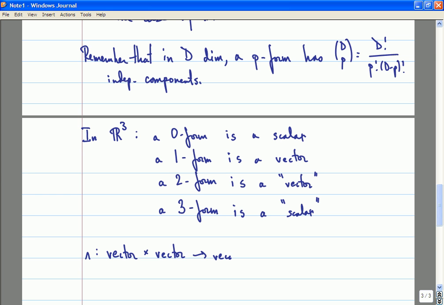So, for example, if you take the wedge product of 2 one forms to get a two form, then it's a way of multiplying 2 vectors to get another vector. And moreover, remember that the wedge product is antisymmetric. So when you switch the two, A wedge B is equal to minus B wedge A when we're talking about one forms. So let us think back and remember if we encountered a way of multiplying 2 vectors together to get another vector. If you think about it, hopefully you'll remember that this is nothing more than the cross product.